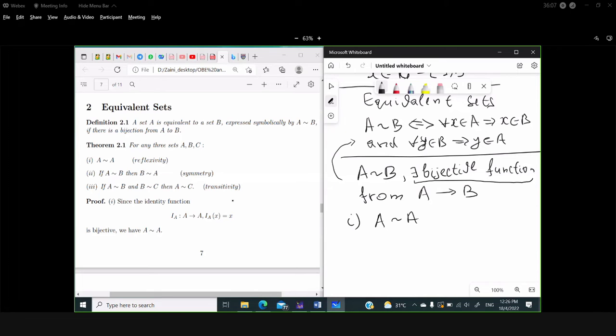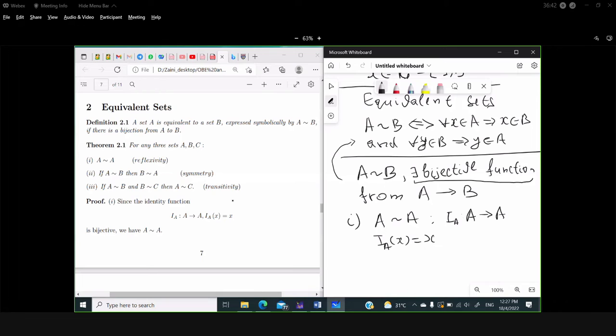Of course, if the element of A is the element of A, algebraically it is very clear. But here in the proof, they say there is a function, because we need to find the bijective function. That bijective function is actually the identity function, I_A, mapping A to A with I_A(x) = x.